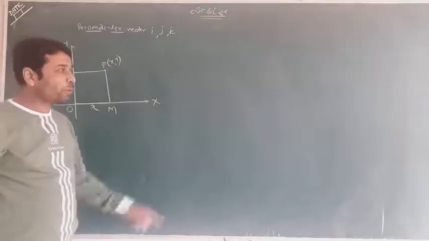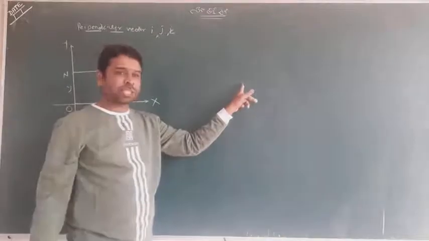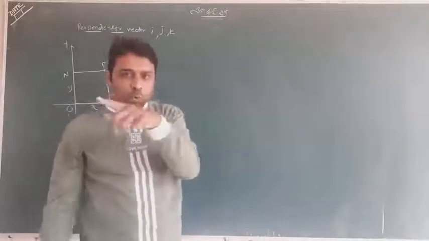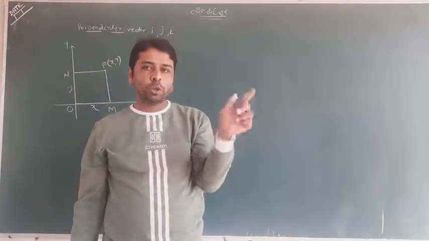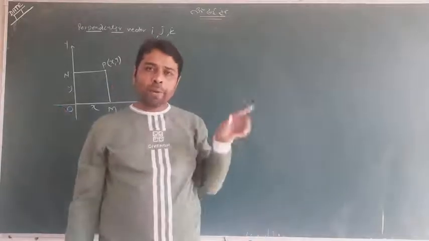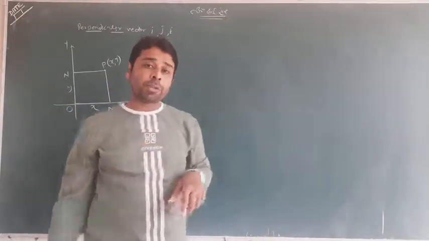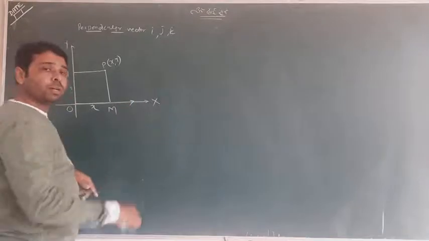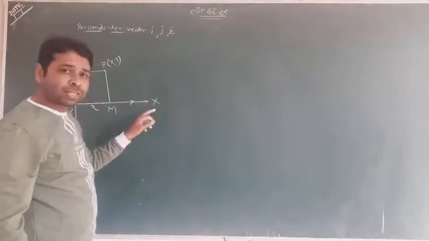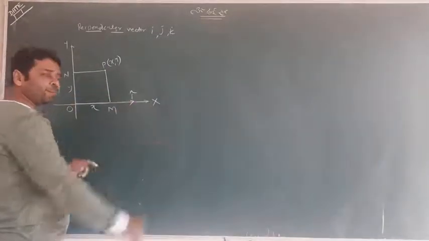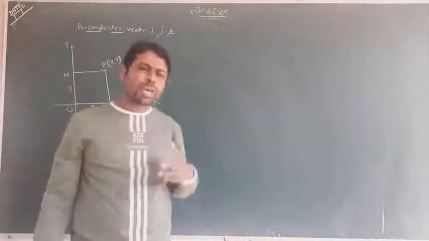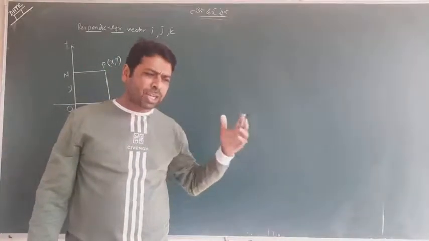What will you do? We had a distance 2 and wanted to convert it into vector form. What did you take? You took a cap, a particular unit vector in the same direction. So I will take one unit vector in the direction of x, which is normally called i cap. You used to say i cap, j cap, k cap many times.